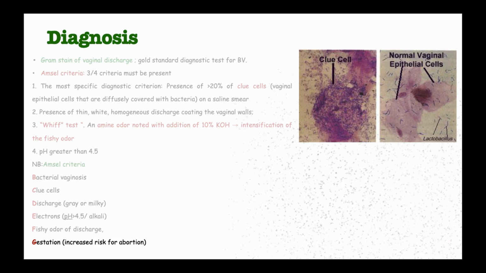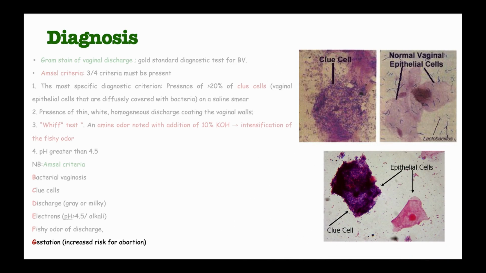Now, after seeing this, there is also another nice photograph of the clue cells in the vagina. Now, how do we treat bacterial vaginosis? The mainstream treatment for bacterial vaginosis is metronidazole and clindamycin. Metronidazole is the most common and preferred antibiotic treatment for bacterial vaginosis.